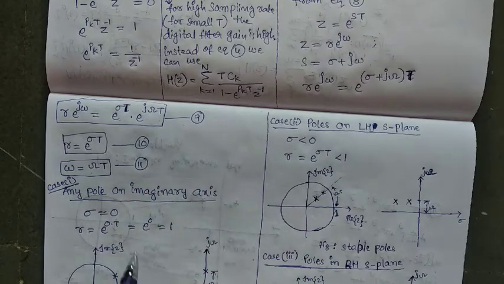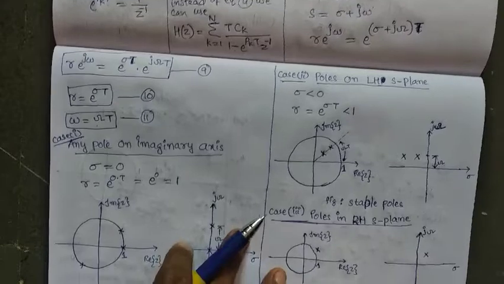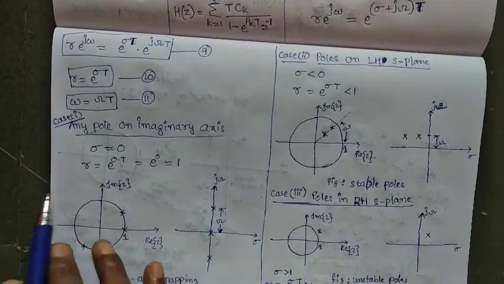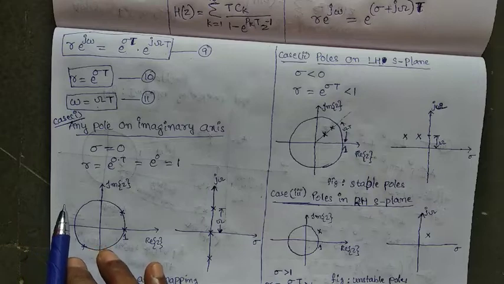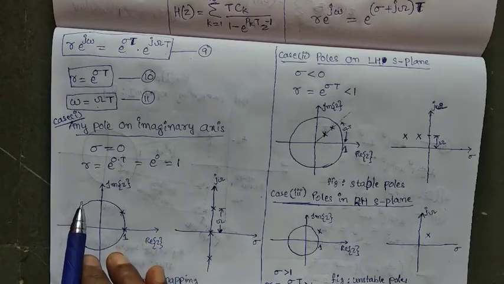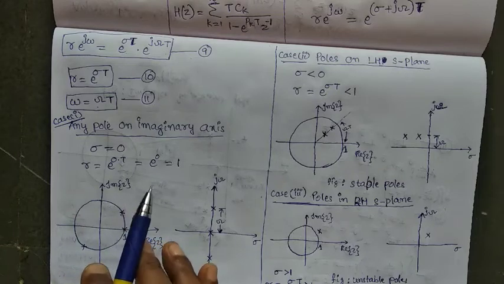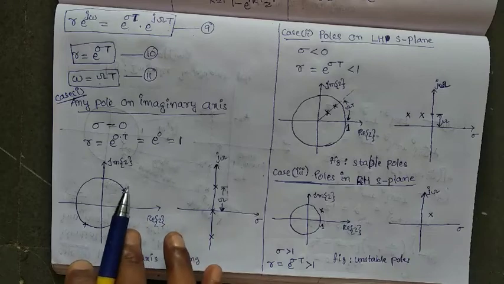Now we are mapping the poles from the S plane to the z plane. We observe the following cases to map the poles from the S plane to the z plane by using the impulse invariant method.